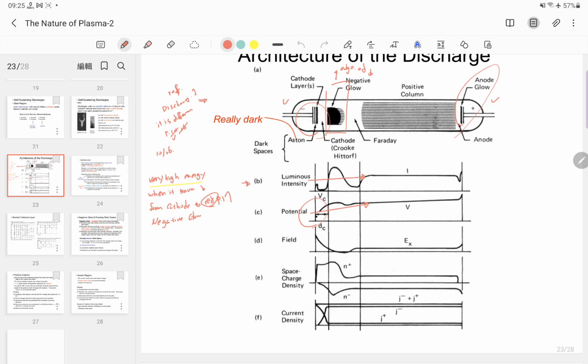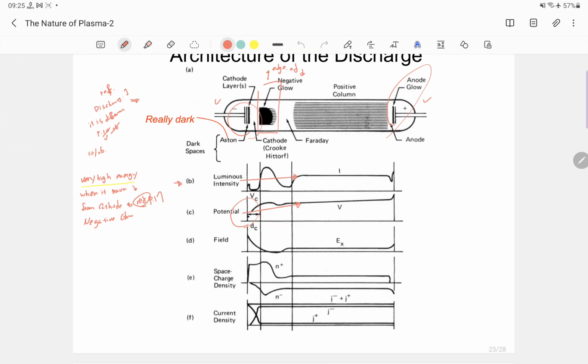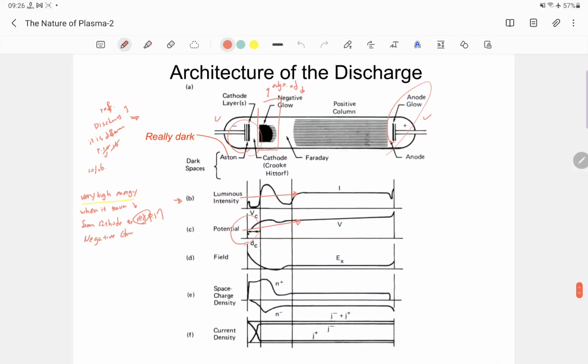Okay. So after multiple collision processes, after many collision processes, the energy of the electrons will be redistributed. So the energy of these electrons will become thermalized. And the thermalized electrons have a special distribution function, and we have already learned that distribution function before.